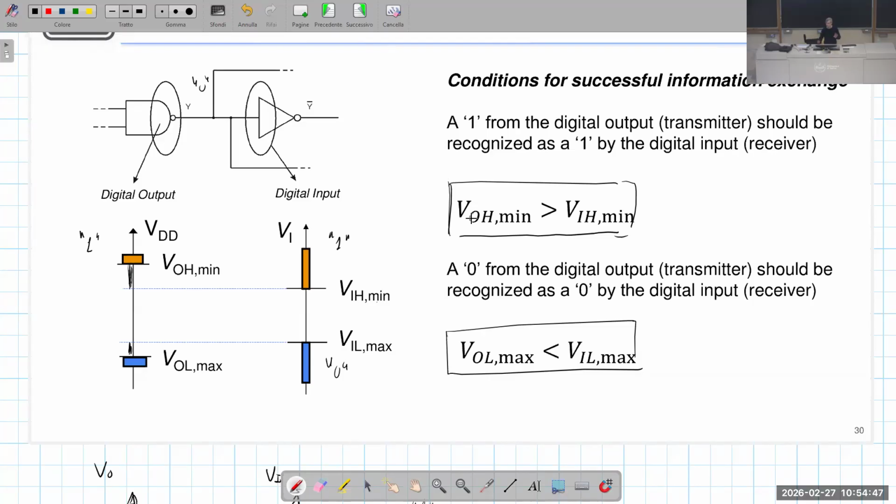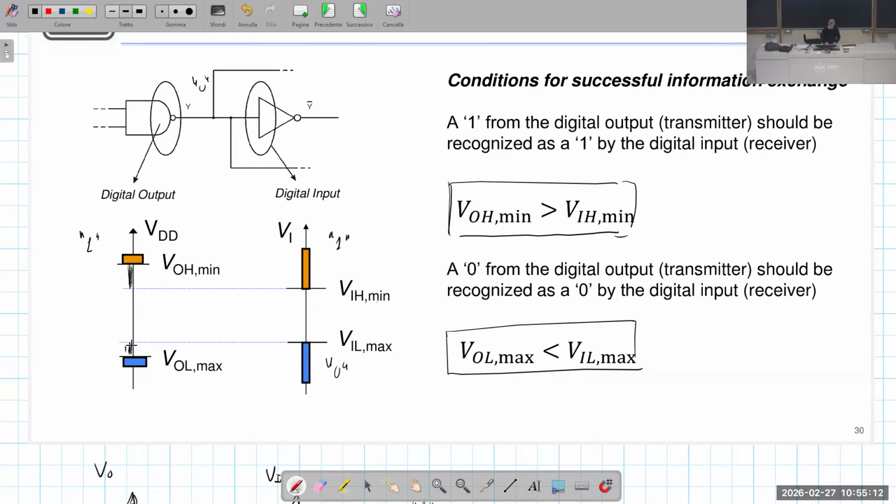Actually, in the limit case, they can also be equal. By the way, I will show in a moment that the larger this difference is, both at the high level and at the low level, the better. So the larger VOH min is with respect to VIH min, and the smaller VOL max is with respect to VIL max, the better.